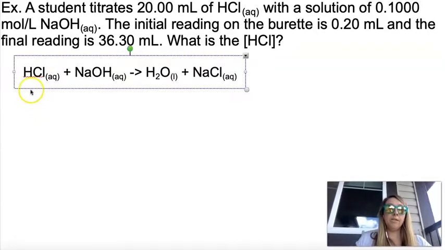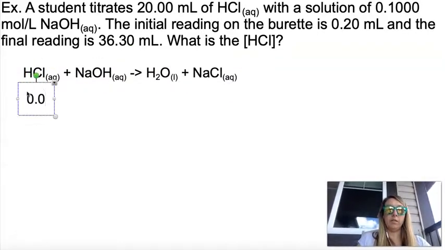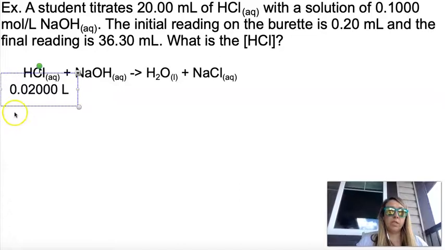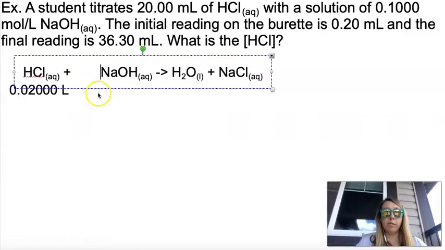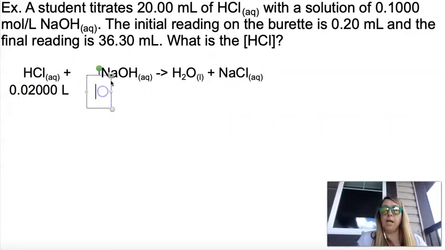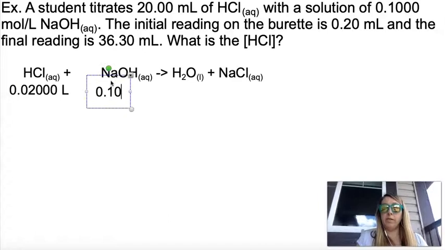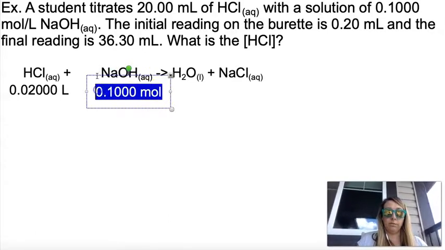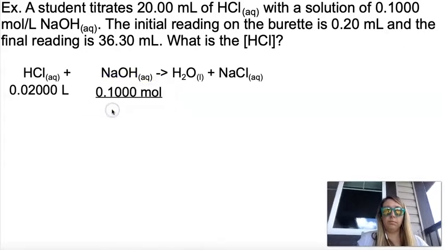Okay, givens-wise, we were given the volume of HCl as 0.02000 liters. And then for the sodium hydroxide, just spread this out a little more to give a little space between those givens, we were told that it was a 0.100 mole per liter solution.